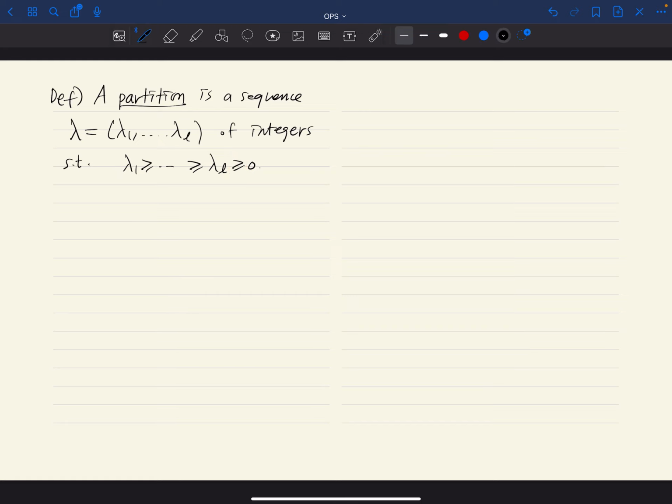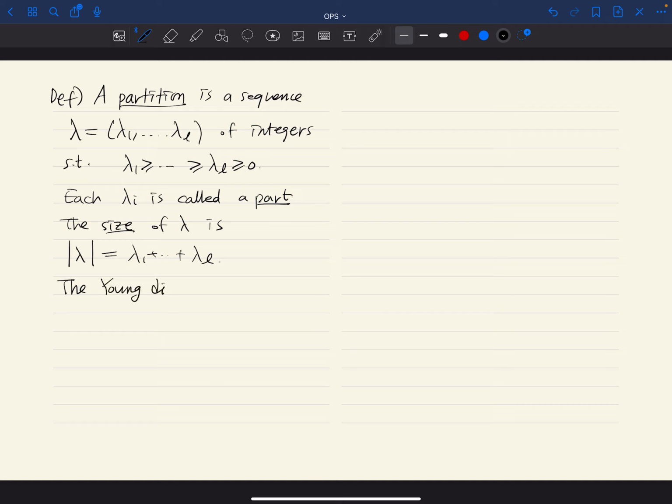So a partition is just this, and each lambda i is called a part. And the size, usually denoted by this absolute value sign, is just the sum of all the entries. And the Young diagram for a partition is just this.